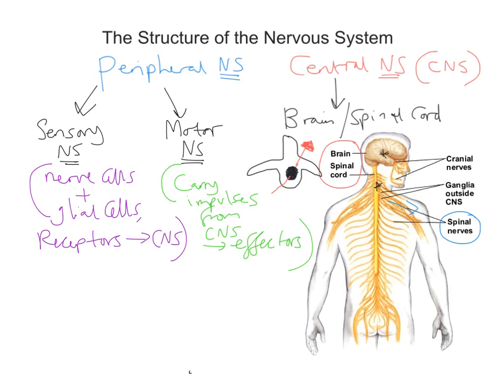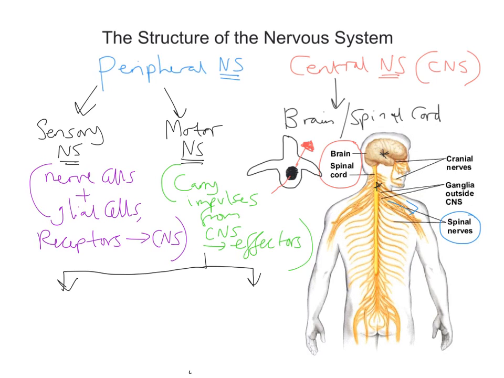Now, the motor system can be categorized again even further into two subgroups: the voluntary nervous system and the autonomic nervous system. So I'll just make a note of that, and then I'll explain exactly what these two subgroups do.